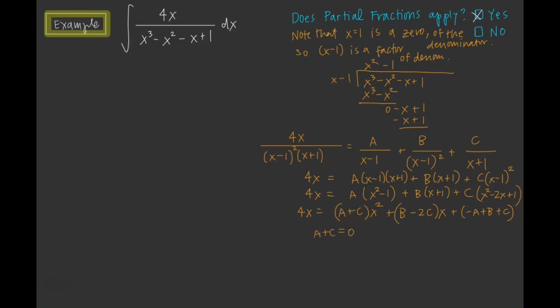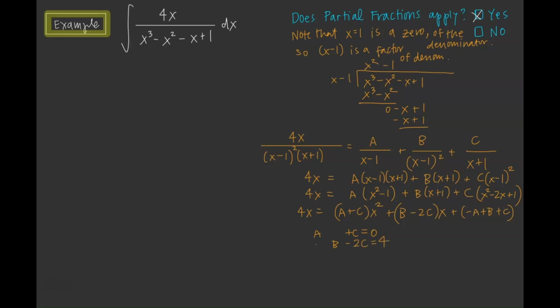And then the x term, b minus 2c, needs to equal the x term coefficient over here. That's 4. I'm going to leave a little space since we're going to be solving systems of equations. So I have b minus 2c equals 4.